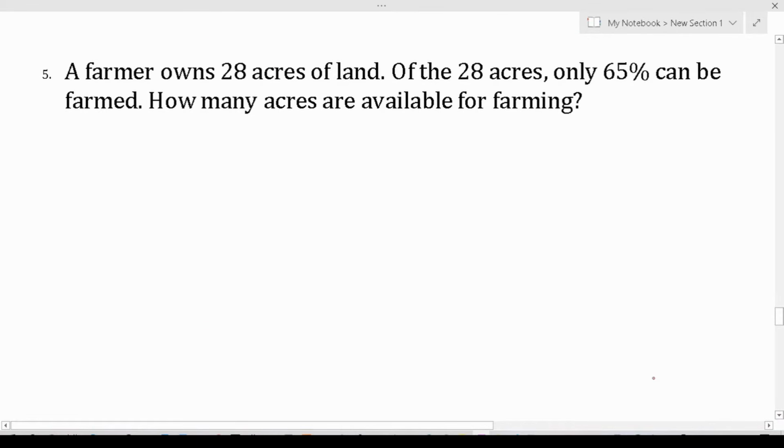All right, number 5 says a farmer owns 28 acres of land. Of the 28 acres, only 65% can be farmed. How many acres are available for farming? So in this case, we want to figure out: what number is 65% of 28?